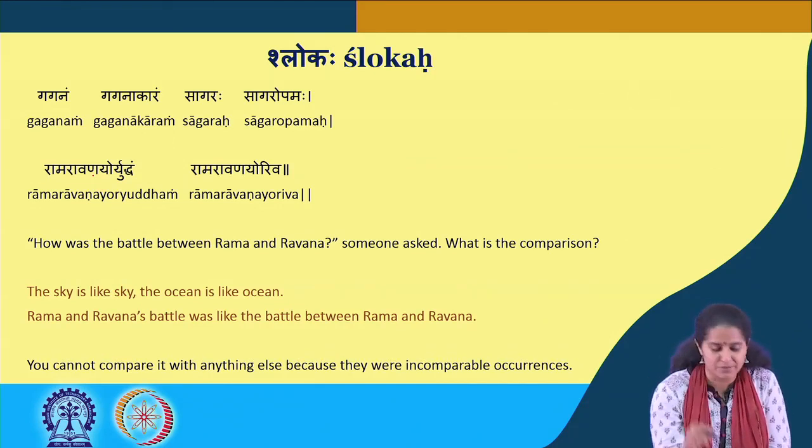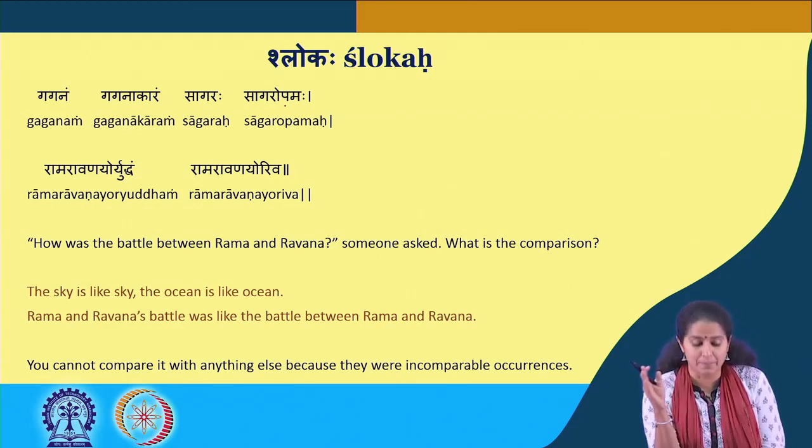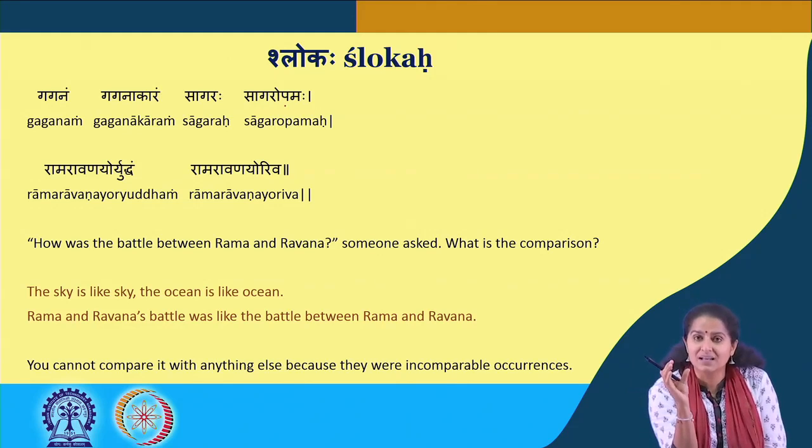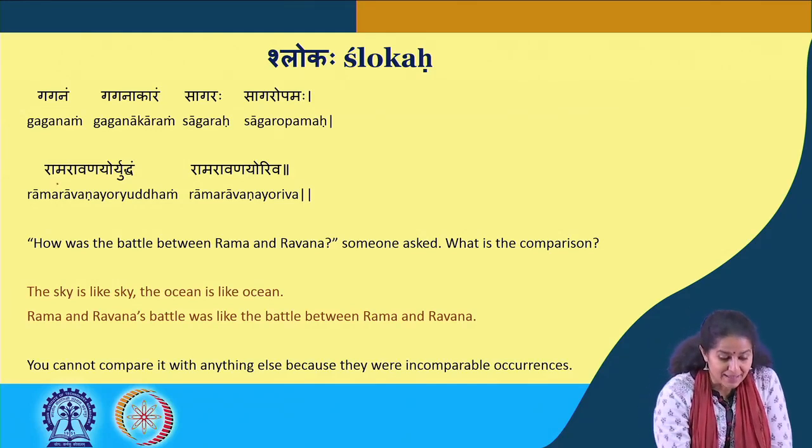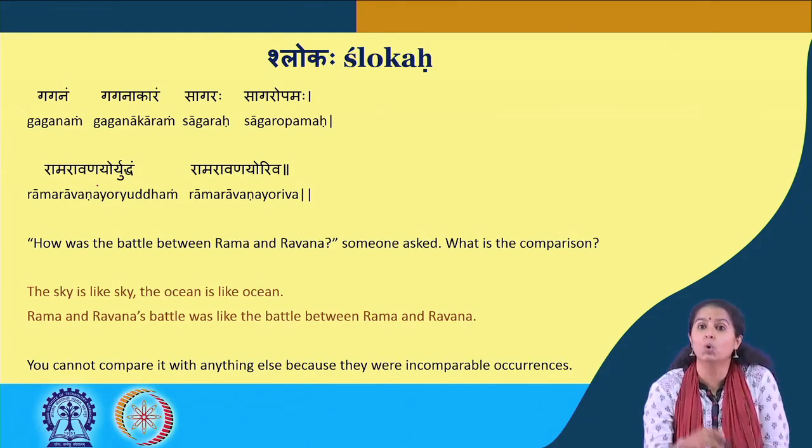There is a kind of sandhi there, but it's in the compound word. Gagana akara gaganakara, sagara sagara upamaha. Upamaha is equated to, so that sagara upama becomes sagaropamaha, a sandhi within a compound word. And then Rama Ravana yor yuddham.